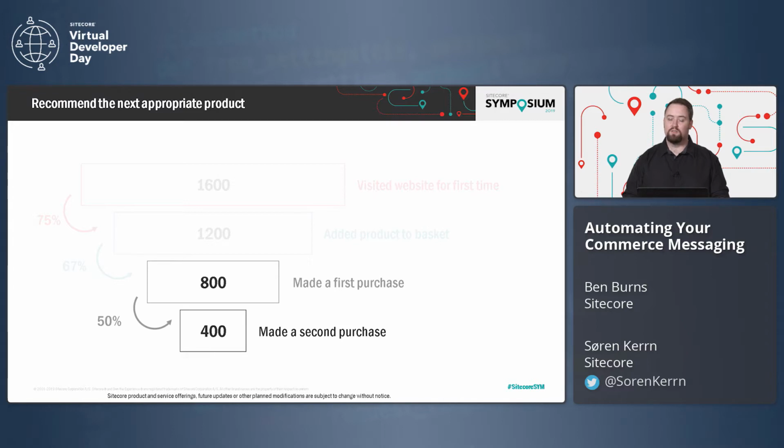And one of the ways to do that is through the recommendation of a next appropriate product. And hopefully this is an example that is relatively familiar to you all.